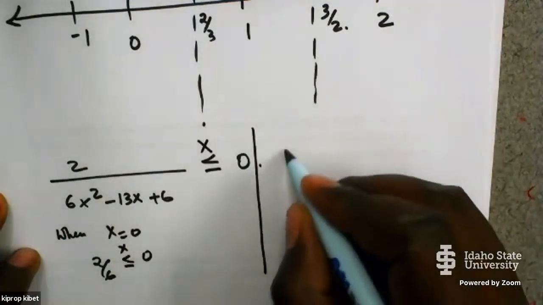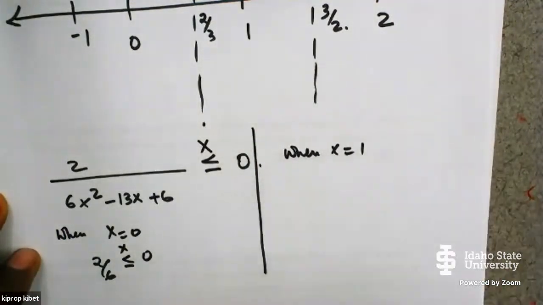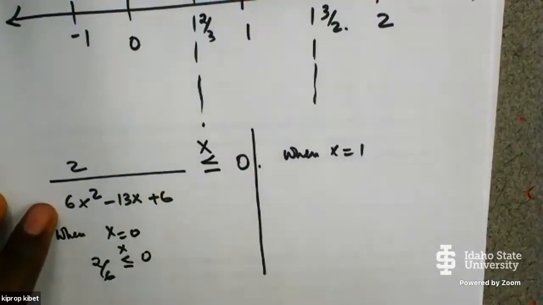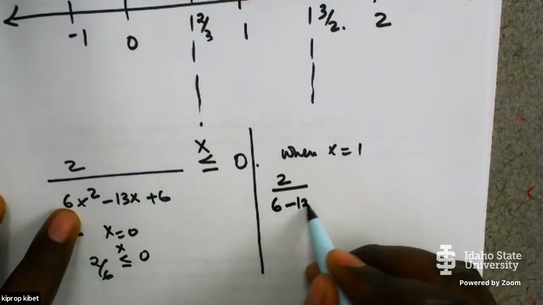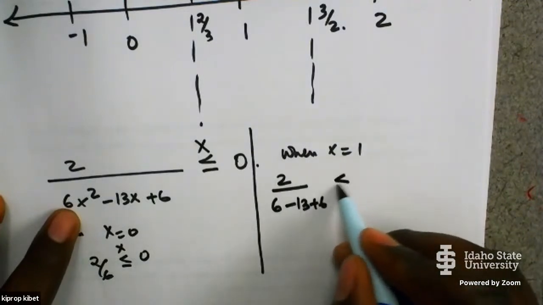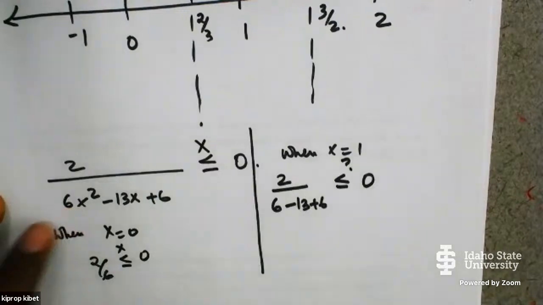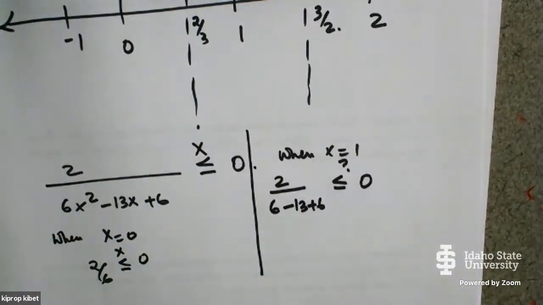This region, when x equals 1. So when x equals 1, it will be 6 minus 13 plus 6. Is it less than or equal to 0?